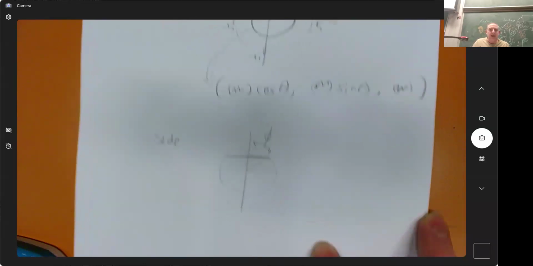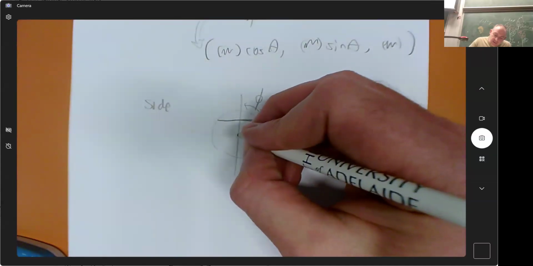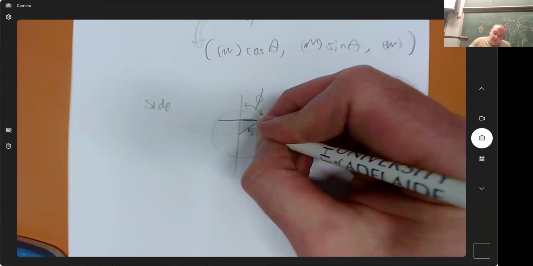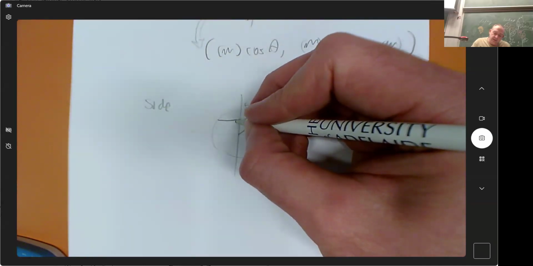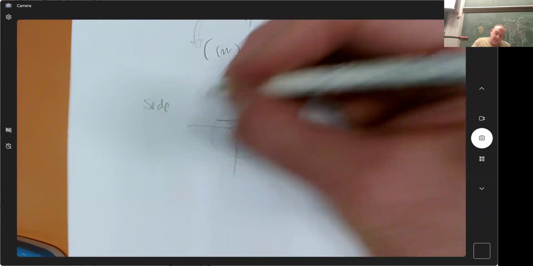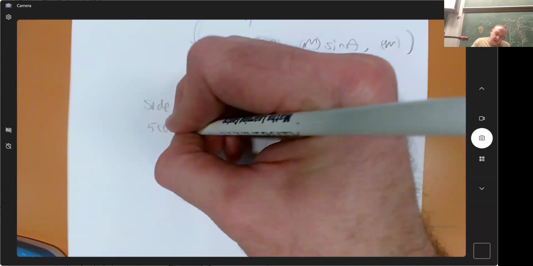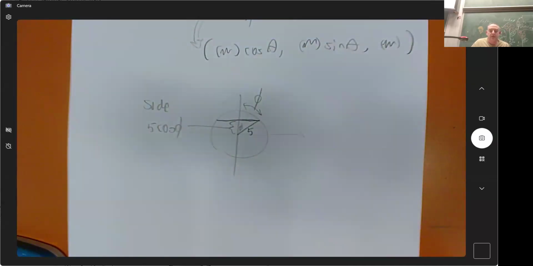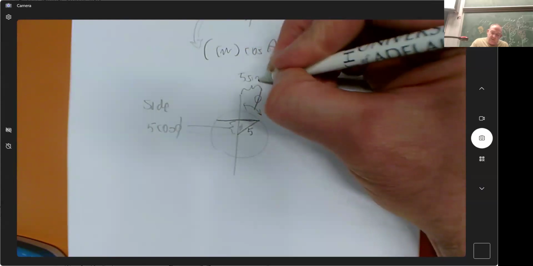Yep. And what that means is that this radius here I know is 5, because it's a sphere of radius 5. And so this here must be 5 cos phi, because the phi fits in here. And this must be 5 sine phi.